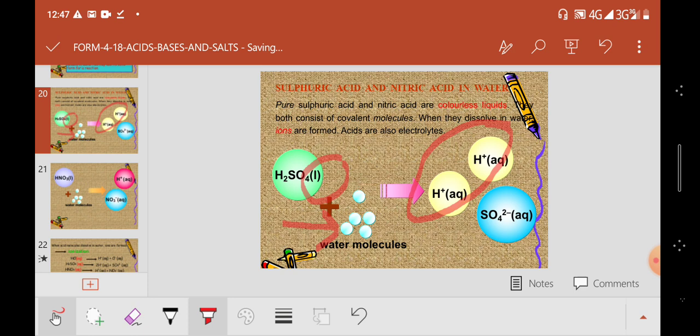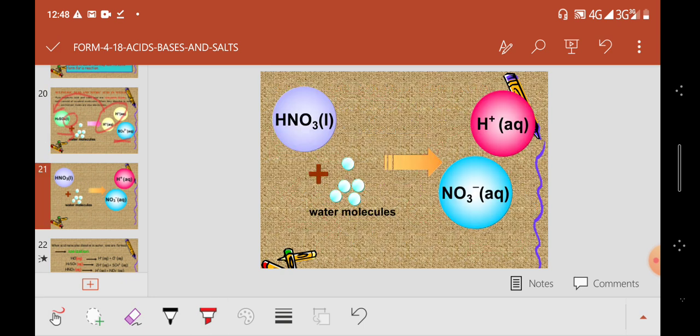Those two hydrogen ions are present here, and then a sulfate ion aqueous. So we change from liquid to aqueous state. So here what we have is sulfuric (VI) acid separating into two hydrogen ions and a radical called sulfate.